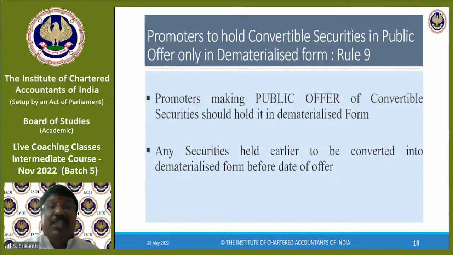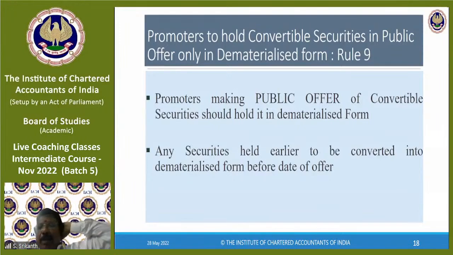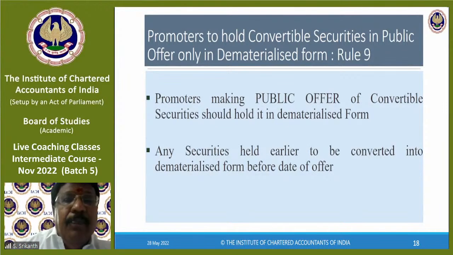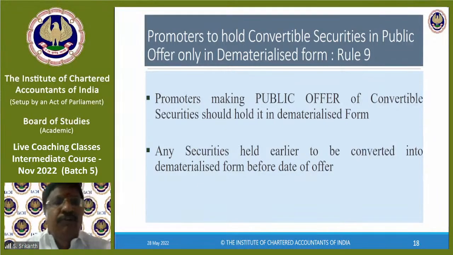Similarly, preference shares may have an option to convert into equity shares. Such convertible securities, like convertible debentures and convertible preference shares, should also be held in dematerialized form. Any securities held earlier are to be converted into dematerialized form before the date of offer.